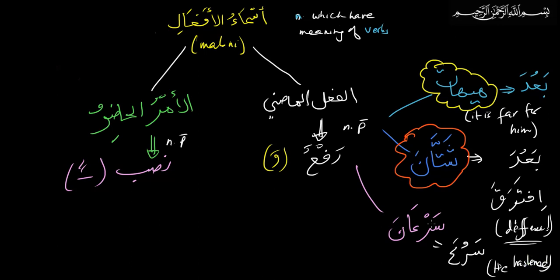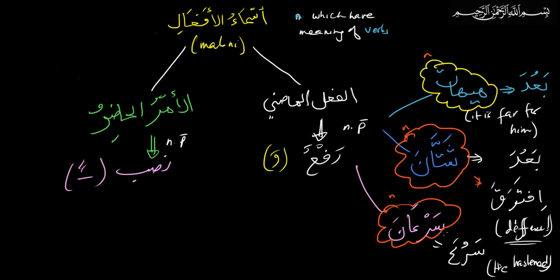So these are three examples of nouns. See, these are all nouns, but in the meaning of a verb. Hayhata means ba'uda, far from it is for him to do that. And shatana is the same thing, or it has another meaning of iftaraqa, what a difference there is.